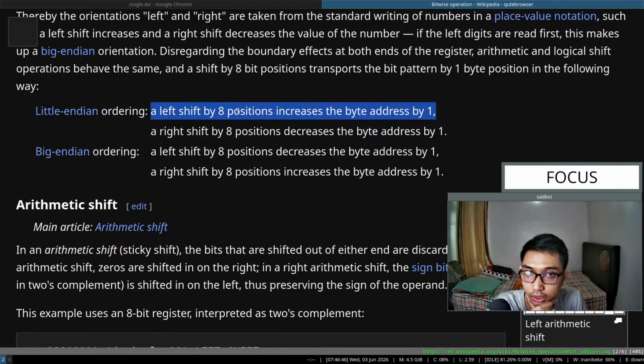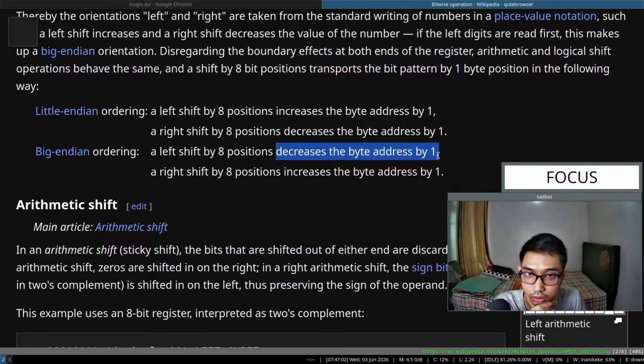A left shift by one position increases the byte address by 1. Meanwhile, big endian ordering decreases the byte address by 1.